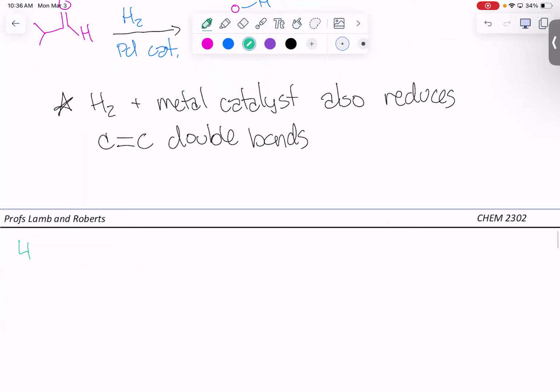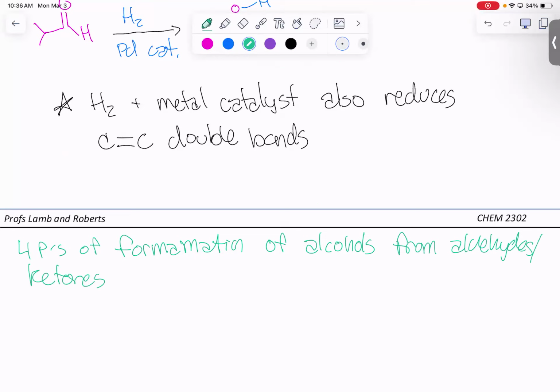So we learned about the 4 Ps of formation of alcohols. And again, this is still from aldehydes and ketones. And instead of through hydrogenation, this is through hydride reagents.